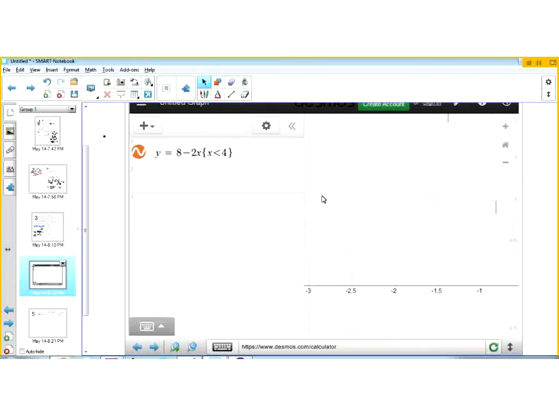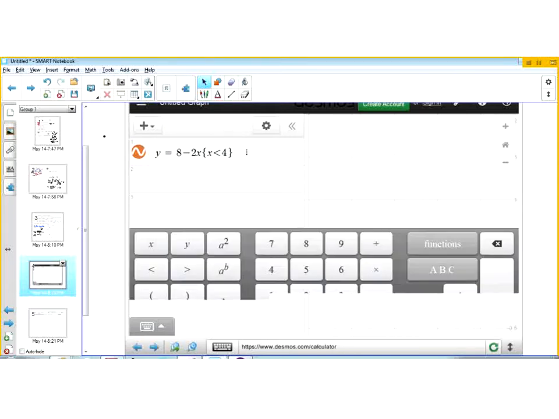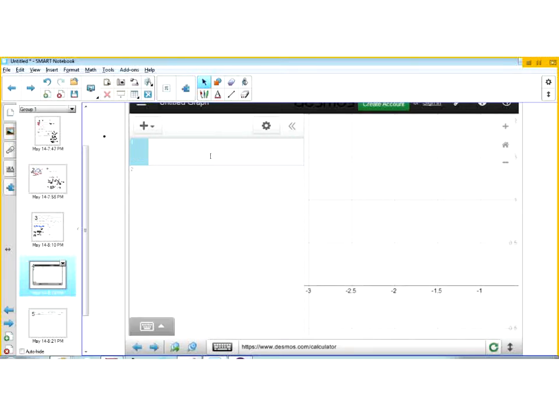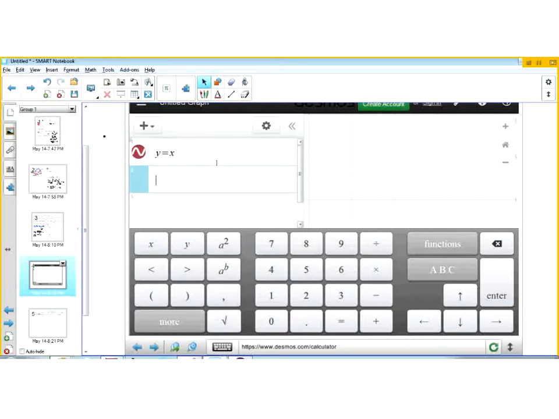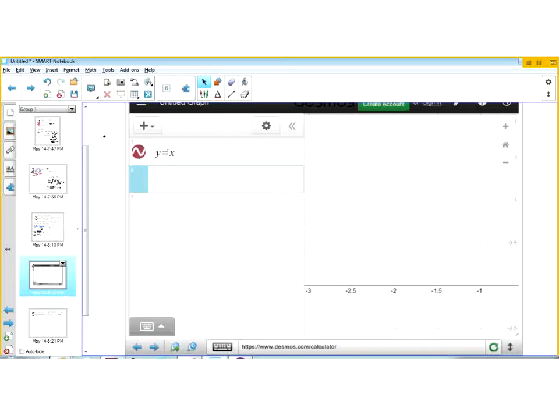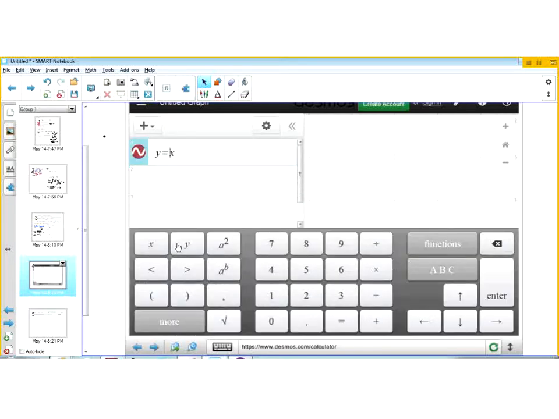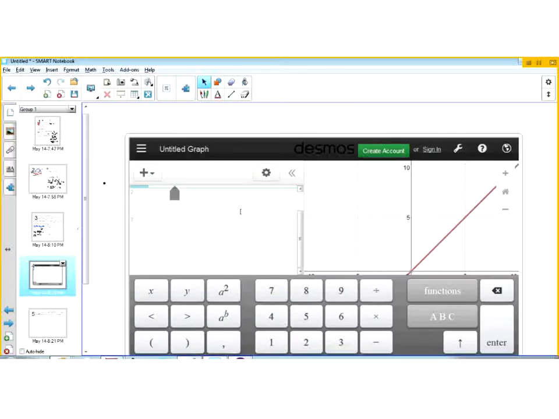Does that not show up? Why has the graph tool stopped working? Oh, that's too bad. No worries, I have it sketched out. Can I draw y equals x? I'm not sure why my calculator stopped working. Oh, there we go. Maybe the zoom wasn't there. Let me try it again.